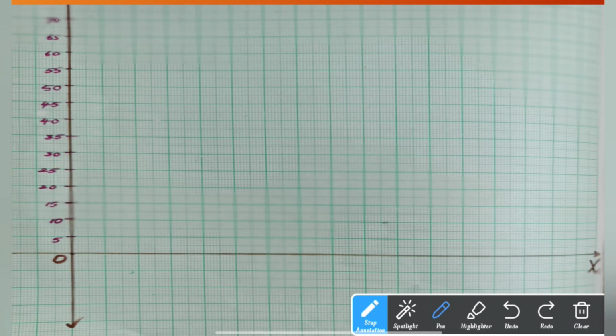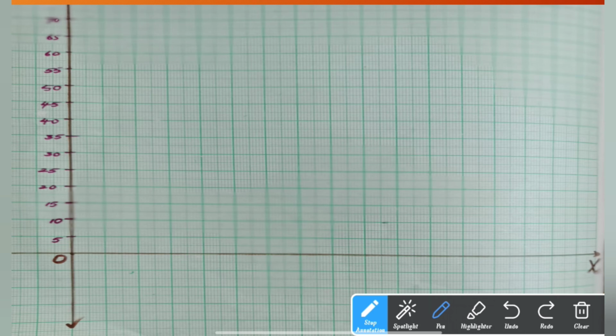You can see the difference between each two successive numbers: 10 minus 5 is 5, 20 minus 15 is 5. The difference should be the same.